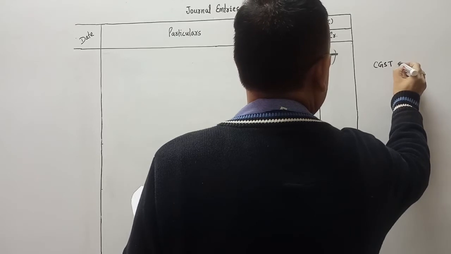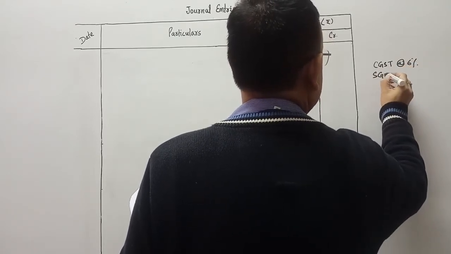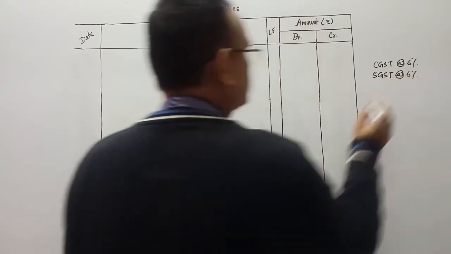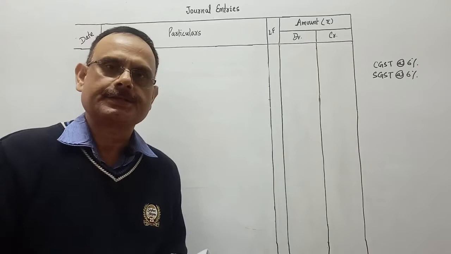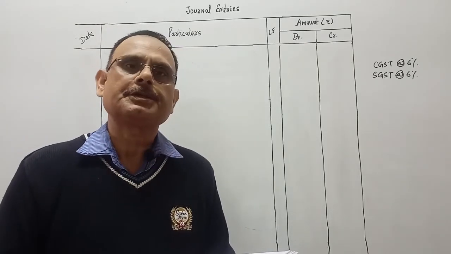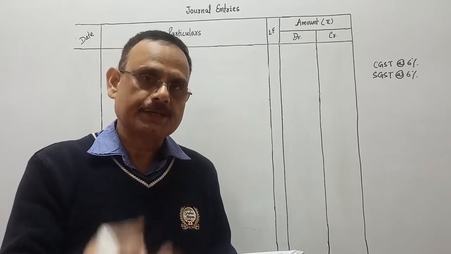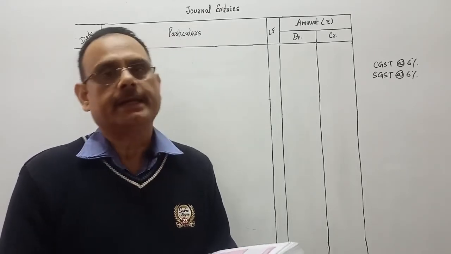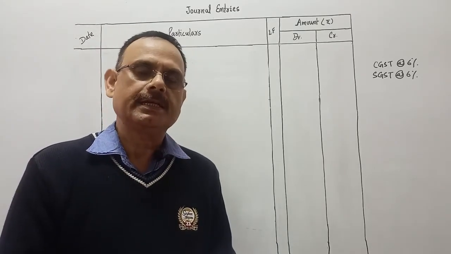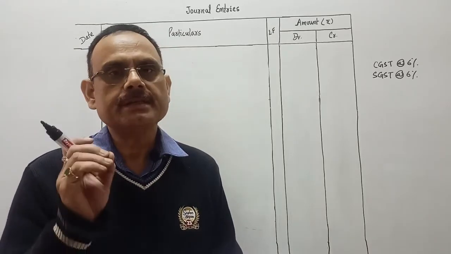CGST at the rate of 6% and SGST at the rate of 6%. Means in the financial statement.